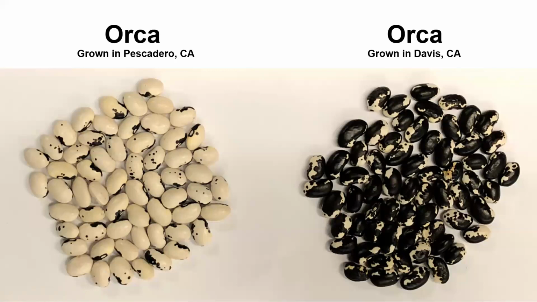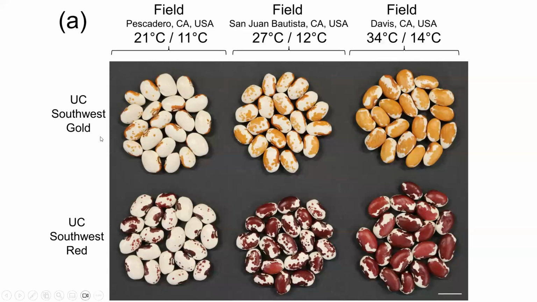And then we look across our types across all these different locations, and we're seeing it in many different types. So here again, Pescadero, the coolest site, stays very, very cool all summer. And in Davis, it gets quite hot, and there's this major difference in coloration across many different partly colored varieties.